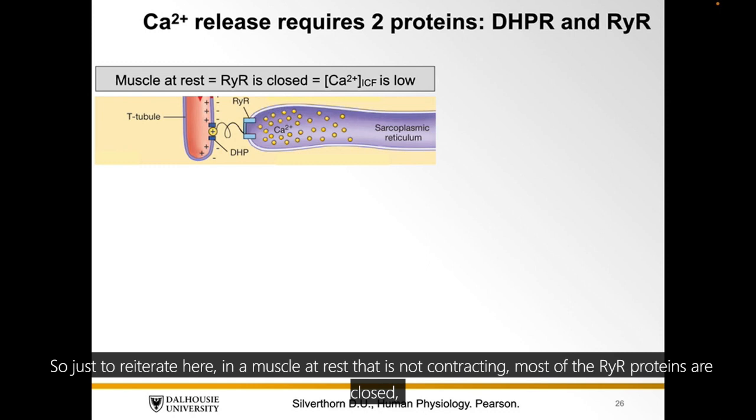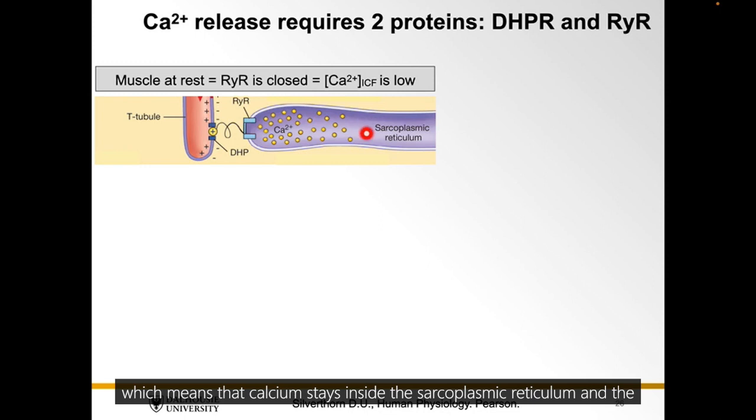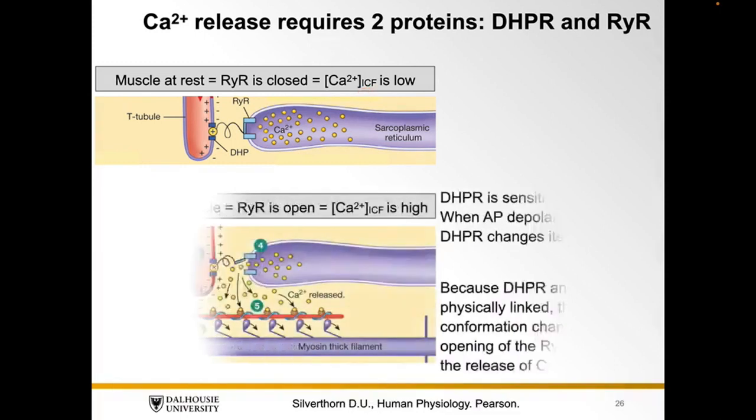So just to reiterate here, in a muscle at rest that is not contracting, most of the RYR proteins are closed, which means that calcium stays inside the sarcoplasmic reticulum and the concentration of calcium in the intracellular fluid in the sarcoplasm is low.